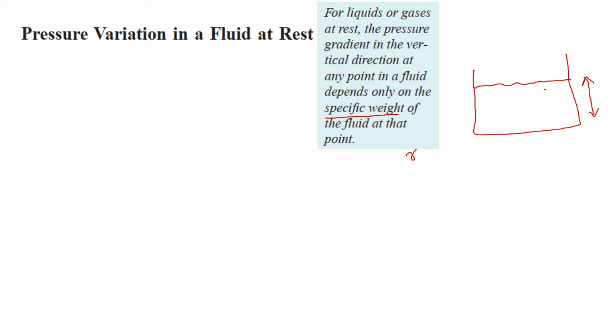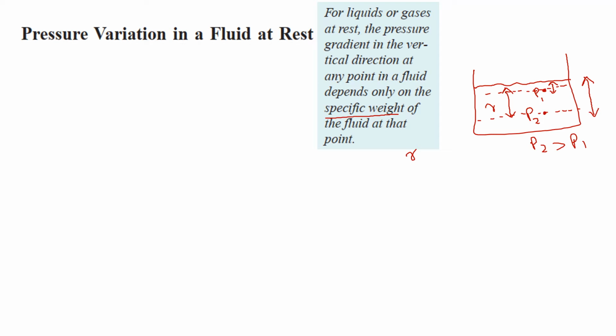So if we take this point P1, there will be a certain amount of pressure, and this pressure will be equal to the amount of fluid that is above that point and the specific weight of that fluid above point P1. If we move more in depth to P2, P2 will be greater than P1 because now there is much more fluid above point P2, and there will be more specific weight acting on point 2.